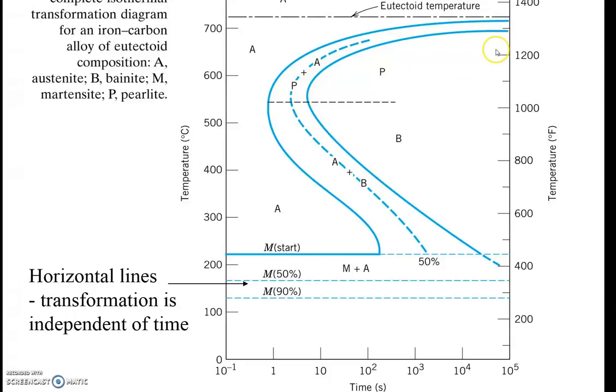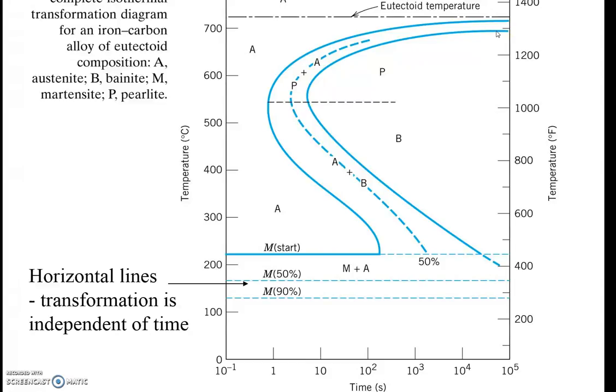Now, very important to also note that the transformation rate is not the same thing as diffusion rate. The transformation rate is how quickly it achieves 100% transformation within a specified time. For example, here it takes a long time to transform from austenite to pearlite, so the transformation rate is slower.